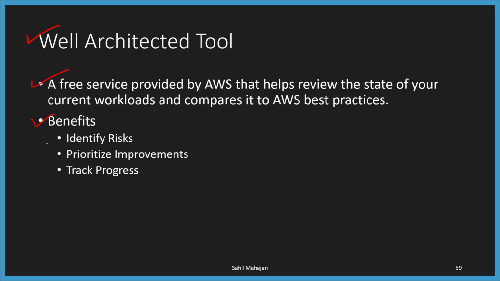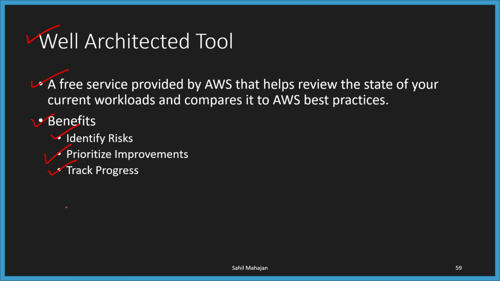A couple of benefits of the Well-Architected Tool is that it can help you identify risks in your workload. It can prioritize improvements. It can tell you that, oh, you have 10 things that you need to fix according to the AWS best practices. But out of these 10, these 3 need to be prioritized no matter what, and the remaining 7 have a low risk score, so you can take your time and look into them.